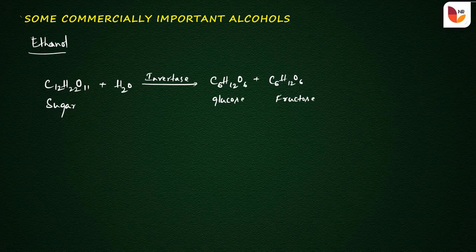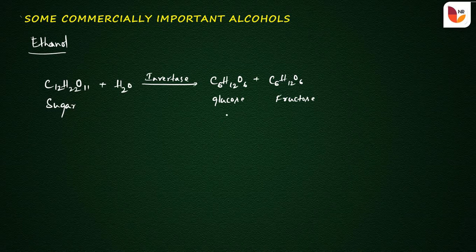The sugars present in molasses and sugar cane are converted into glucose and fructose in the presence of the enzyme invertase. Then glucose and fructose get converted into ethanol and carbon dioxide by undergoing fermentation in the presence of an enzyme called zymase.